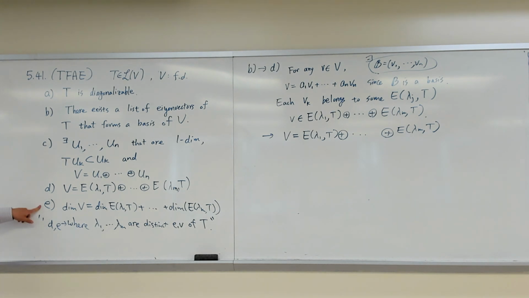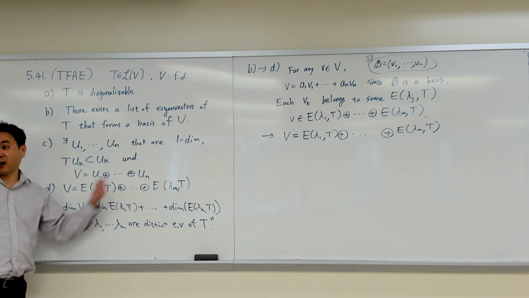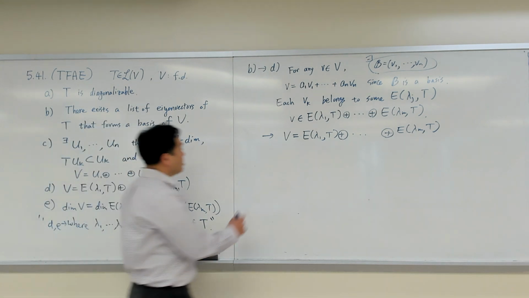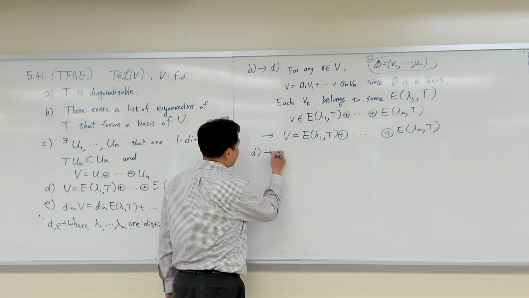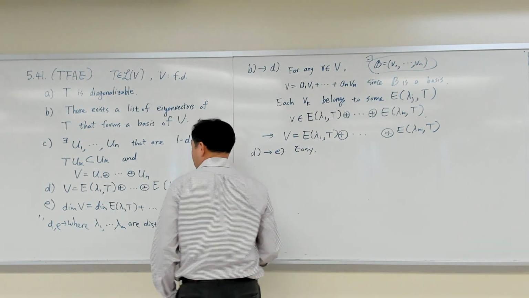Now D to E is, again, this fact that if you have a direct sum, then the dimensions add up. So D to E is easy, a direct consequence.